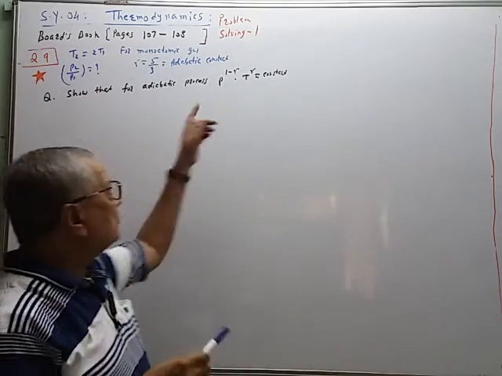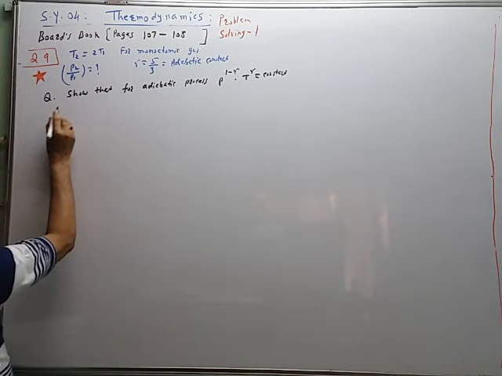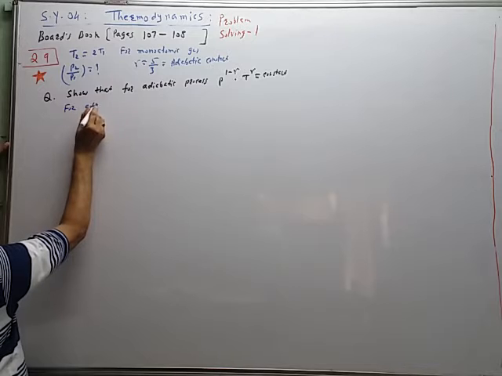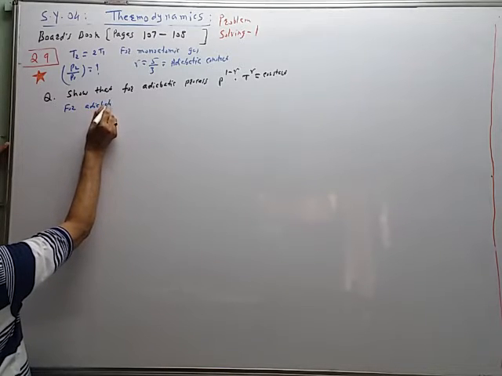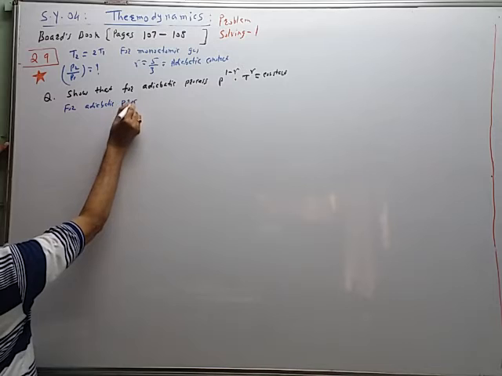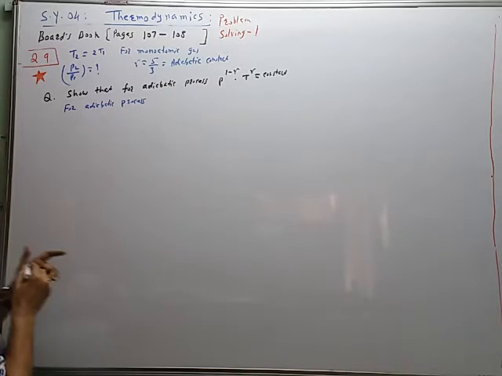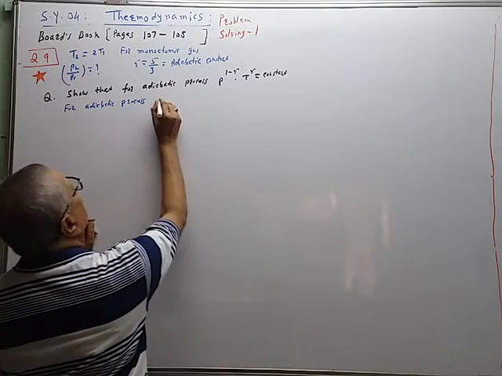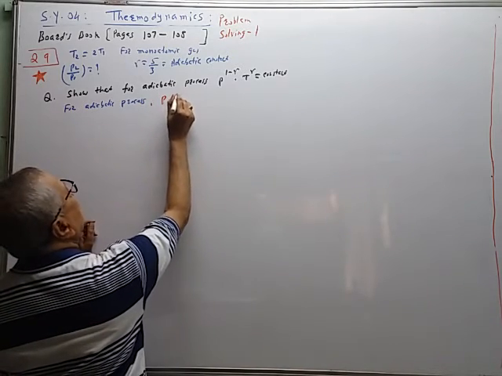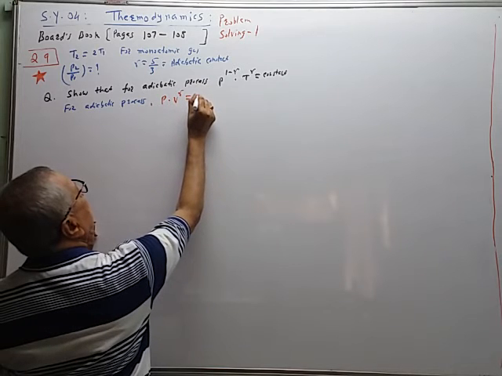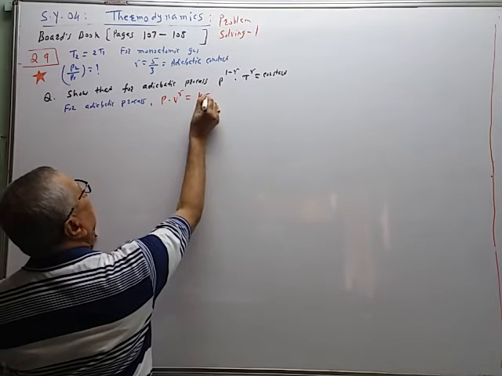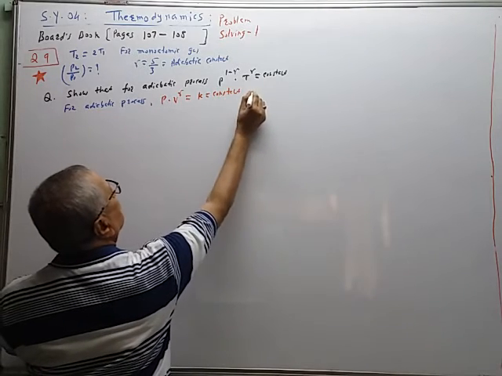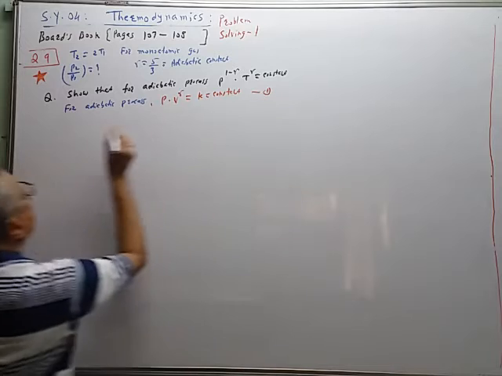And what to use this relation for this problem? For adiabatic process, P into V raised to gamma is equal to K is equal to constant. Say this is equation 1.